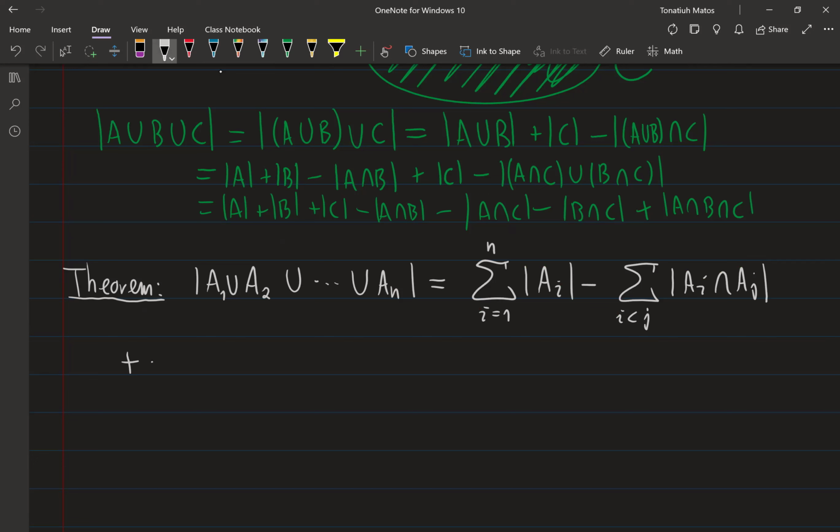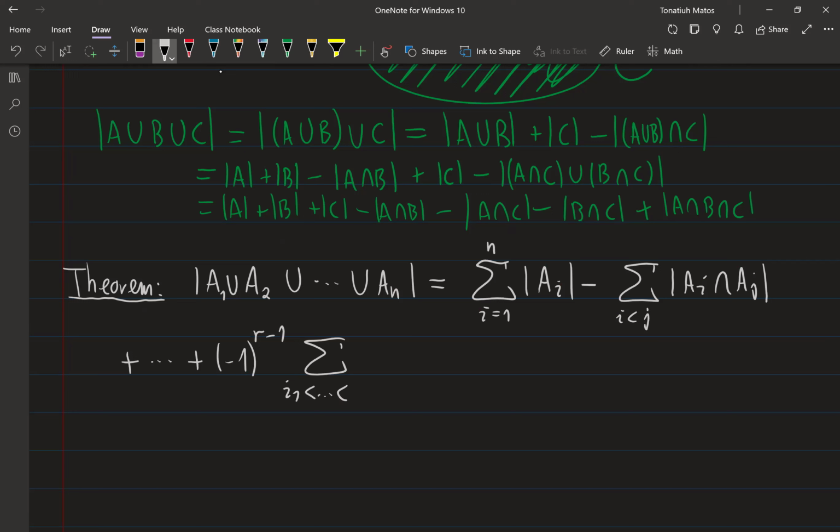And then you alternate the signs. The correct way of doing this is to introduce the variable r, where r is whatever size follows. You first do the pairs, then all the subsets of size 3, then all the subsets of size 4, and so on.